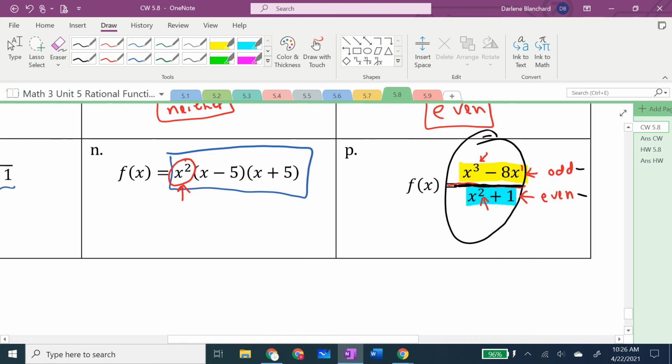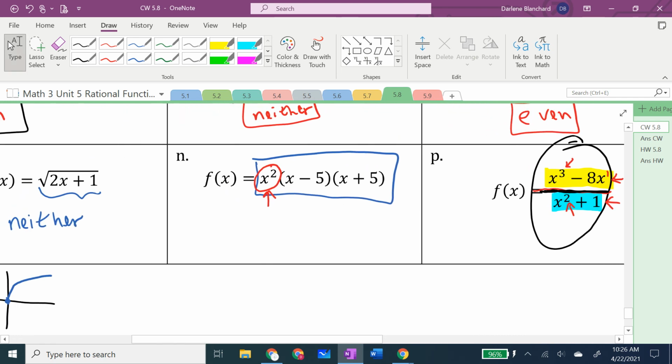I can actually look at individual factors if I am in a factored form. The first factor is an even polynomial. That's okay. So this would be considered just a polynomial equation, whereas a fraction would be considered a rational equation.